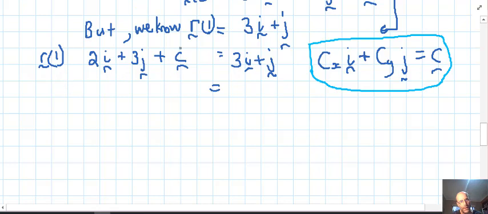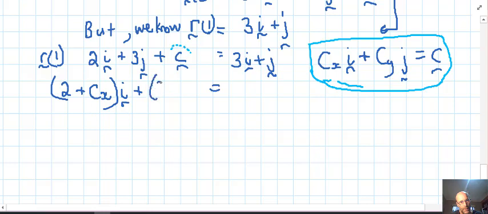So on the left hand side we're going to split this up into this. So let's do that, this, that. Alright, so 2 plus c sub x i plus 3 plus c sub y j equals 3i plus j.